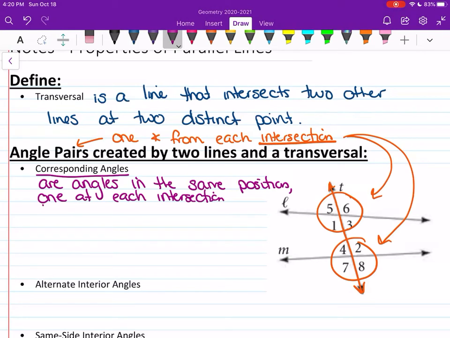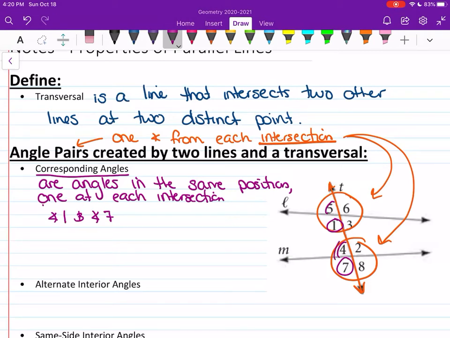So if I look at my picture over here, I can see that angle 1 and angle 7 are both in the lower left corner. They're in the same position. So angle 1 and angle 7 are an example of corresponding angles.